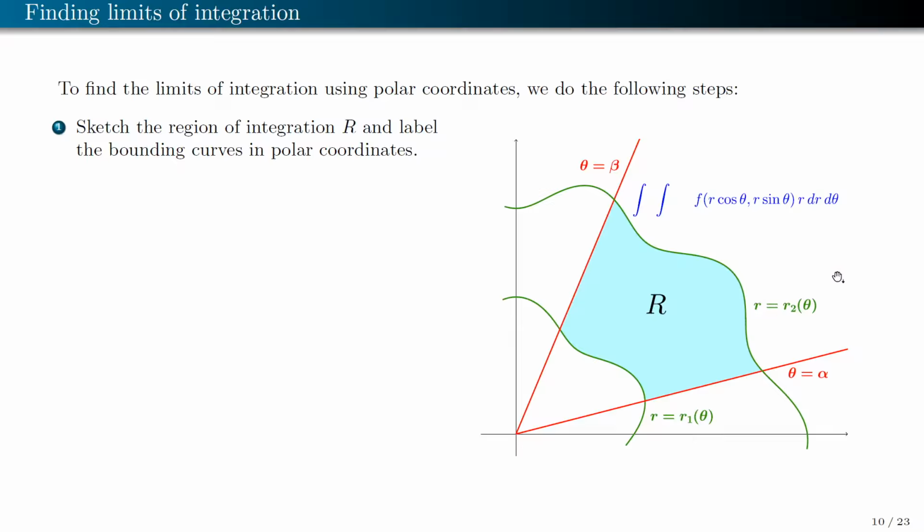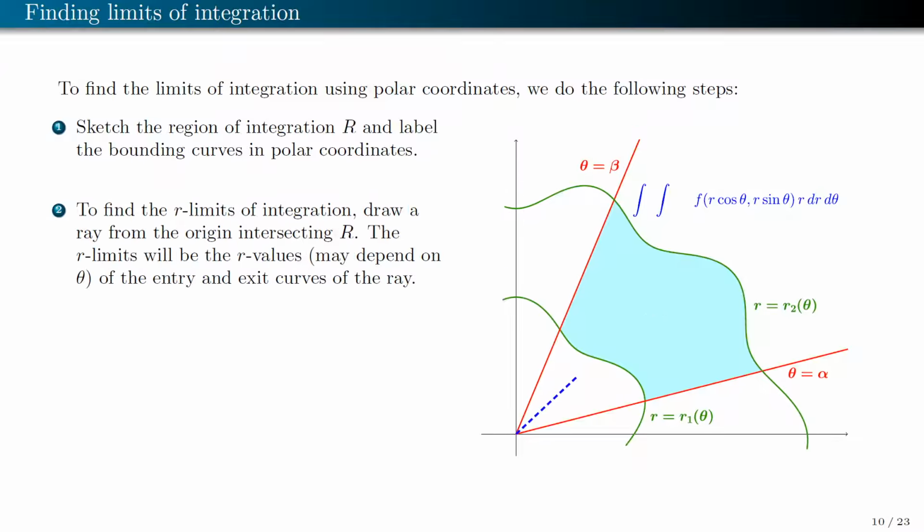Ayan, so tapos upon setting up that sketch, to find the bounds for r, ang pwede nating gawin ay ganito. Try to sketch or try to at least imagine segments or rays coming from the origin papunta dito sa region natin. Okay? So, iba to sa vertical o horizontal strips. So, bagong klaseng strips to.